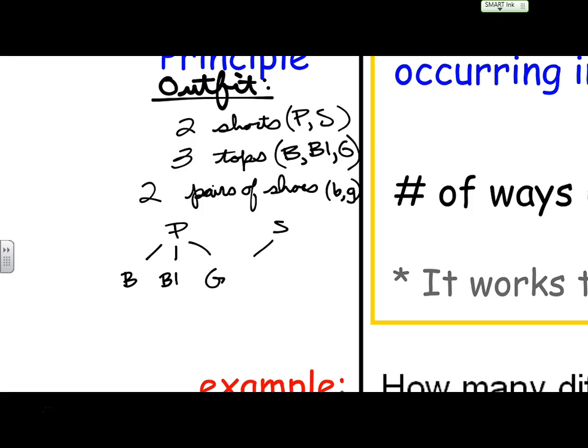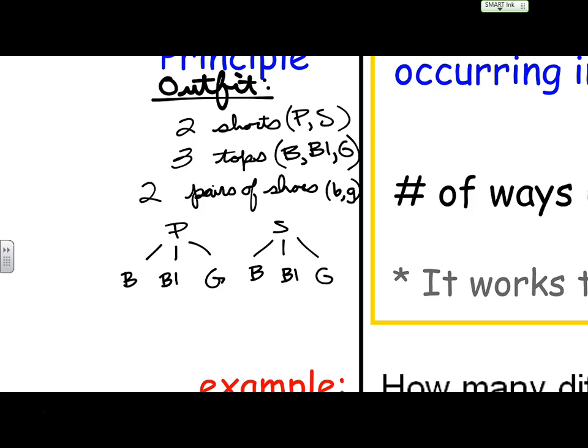And for the shorts, don't you also have the option of blue, black, or gray? Does that make sense? So one possible choice is the pants and then the blue shirt, right? But aren't all of these possible combinations possible outfits that you could choose? Yes. Now, as soon as we bring in the shoes idea, what changes?